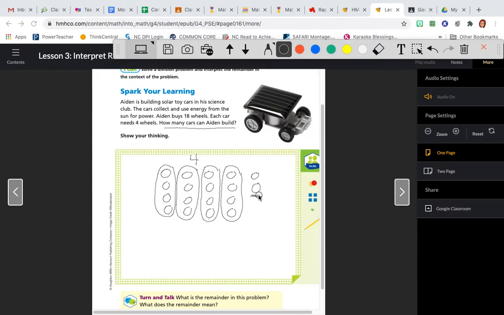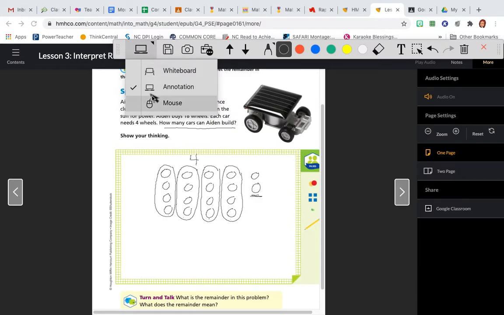So what that tells us is that he doesn't have enough to make another car. So you need to be able to identify the remainder in the problem, but also tell what it tells us. What does that remainder tell us? Can we have more cars? Can we not have more cars? So let's continue to interpret remainders, and let's go to page 142 in your math workbook.